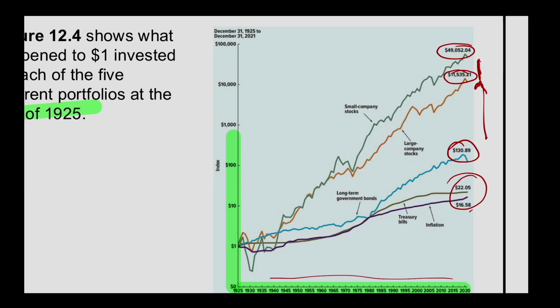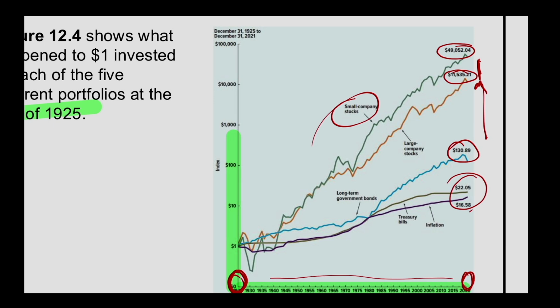Now, the other thing to note here is that it looks like these small company stocks have done just extraordinarily well. So why would we even bother with large company stocks? Well, the answer lies in another little thing in this graph that they don't talk about, and that is how many of these small company stocks that start back here in 1925, how many of those stocks do you think are around once we get out to 2020?